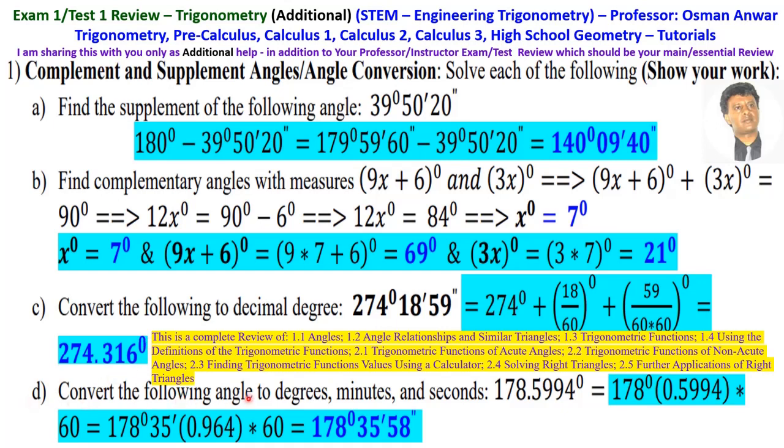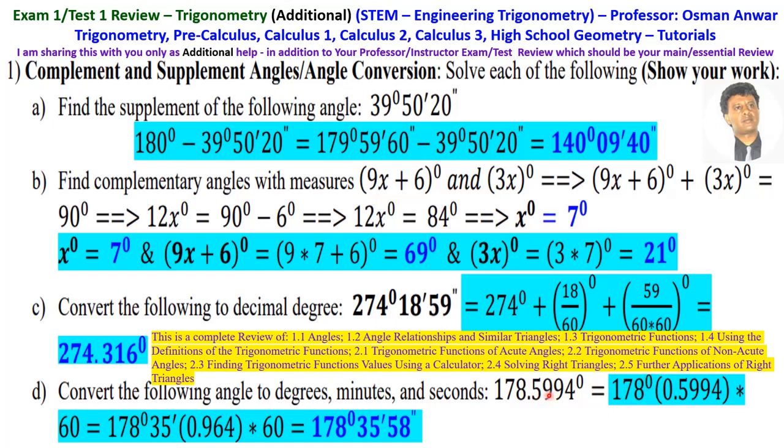D is convert the following angle to degree, minute, and second. So it is 178.5994 degrees. To convert this into degree, minute, and second, 178 is already in degrees.